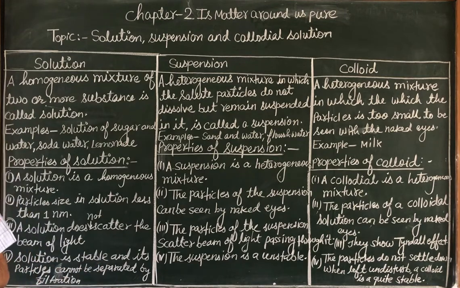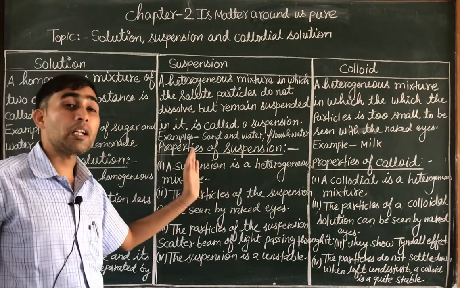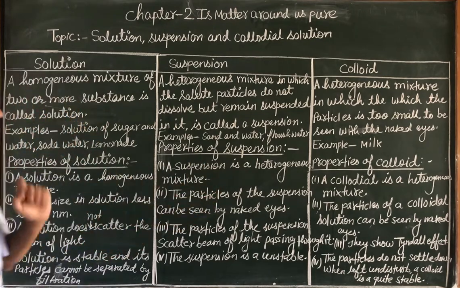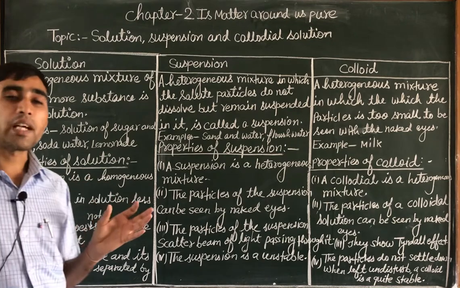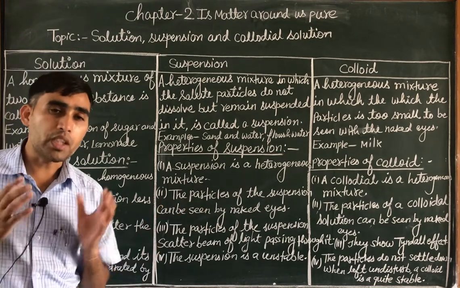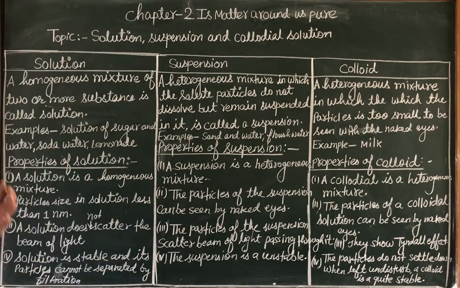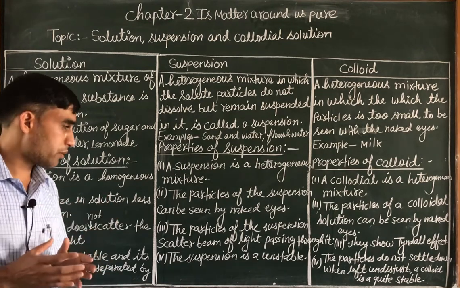It does not have a uniform composition, so it is also a heterogeneous mixture like the suspension. Second, the particles of colloids are very small in size. Although generally they cannot be seen by the naked eyes, individually they can be seen with the help of an electron microscope.